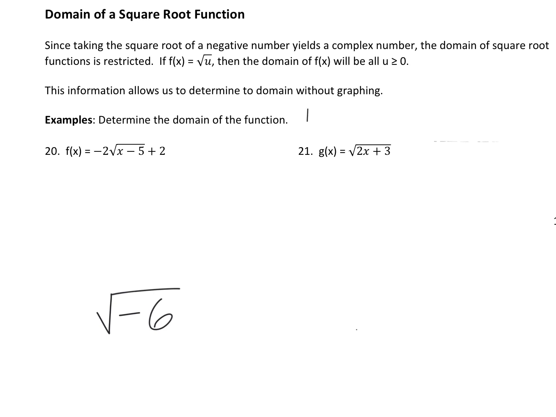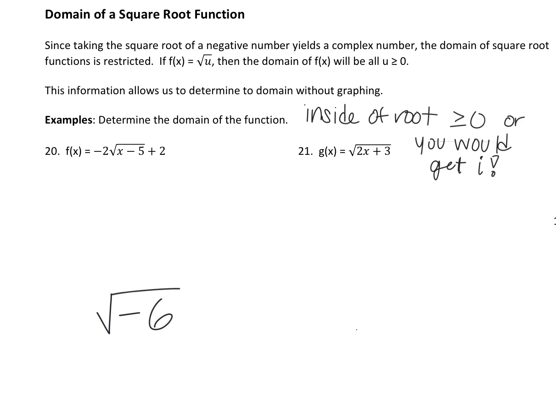So the inside of the root needs to be greater than or equal to 0, or you get an i. Not only do we want to avoid that, but you can't graph that.